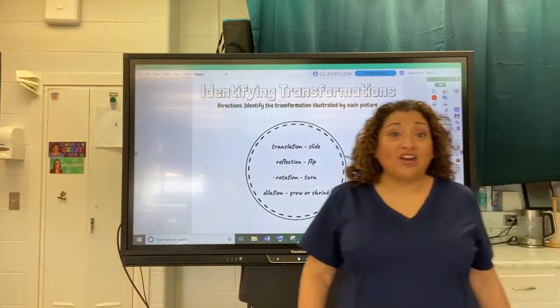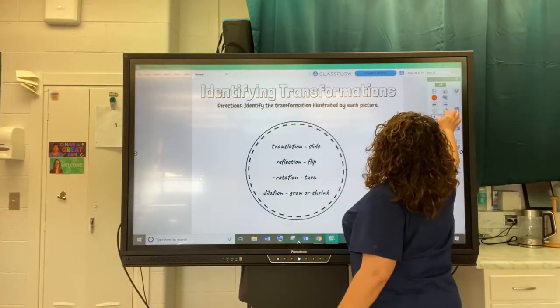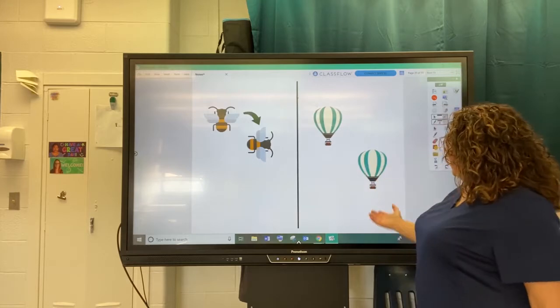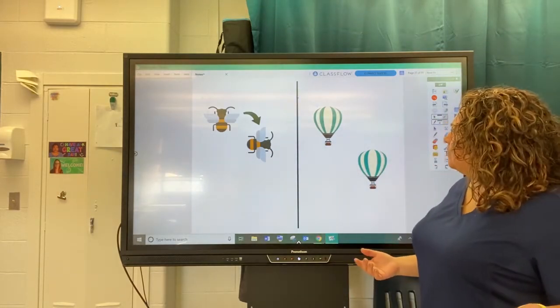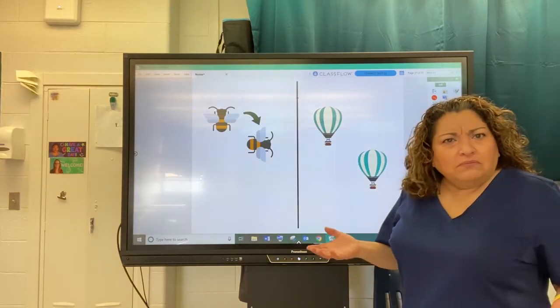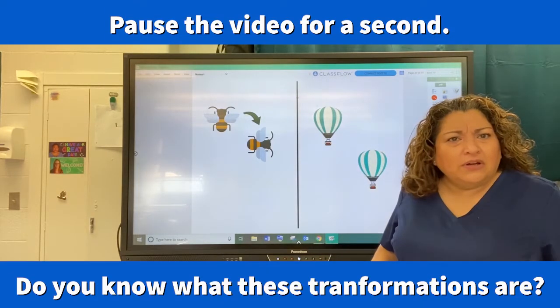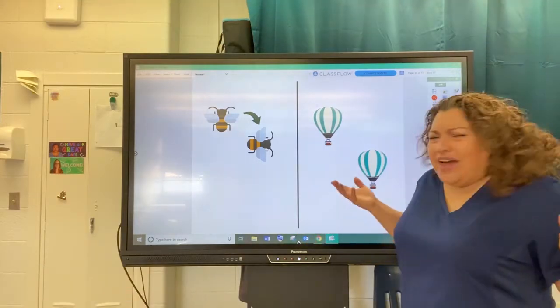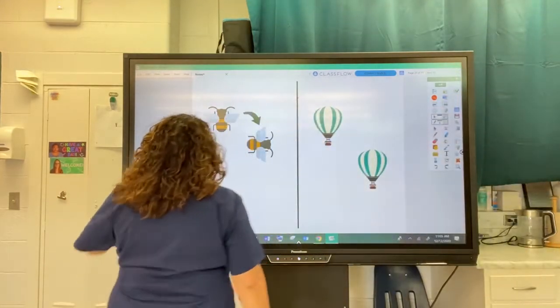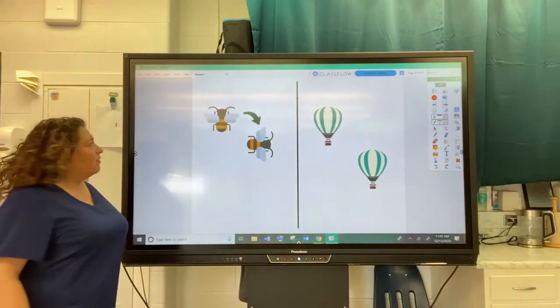Okay, so we're going to try to identify some transformations. And basically, when you look at these pictures, you have to ask yourself some questions. Did it turn? Did it flip? Did it just slide or change size? Well, I don't know. Let's take a look. So we have this really cool bumblebee here, okay?